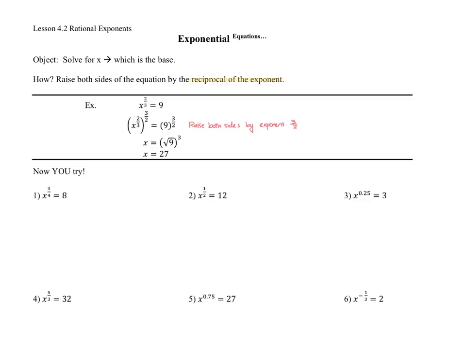So when we raise both sides to the exponent of 3/2, what you should notice is on your left side, when you apply the power of a power rule to these two exponents, 2/3 times 3/2 is just going to become x to the exponent of 1. So you've essentially isolated for the base x.